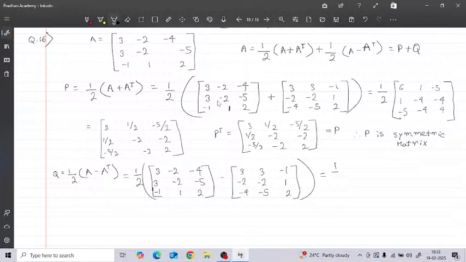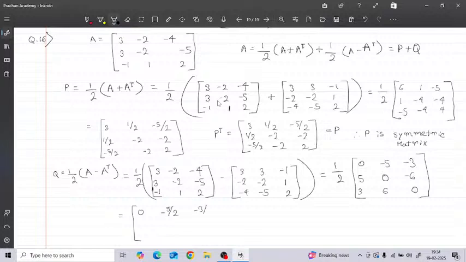Let's compute the subtraction: 0, -5, -3; 5, 0, -6; 3, 6, 0. After multiplying by half we get 0, -5/2, -3/2; 5/2, 0, -3; 3/2, 3, and 0.